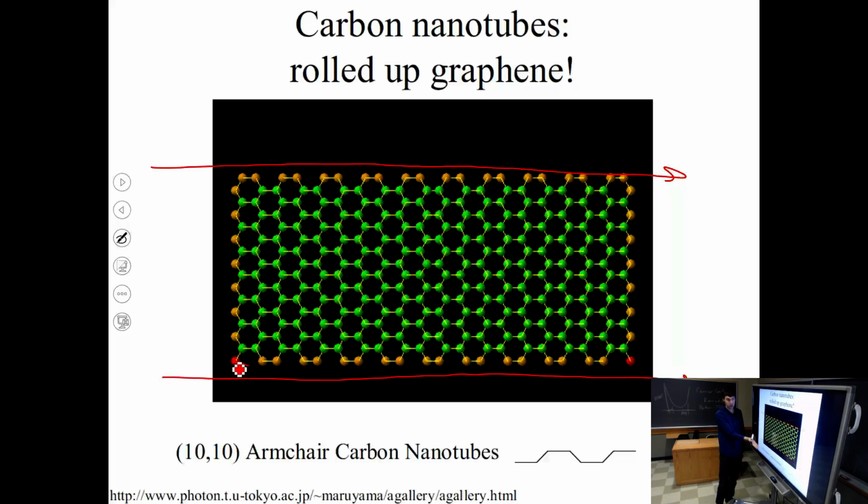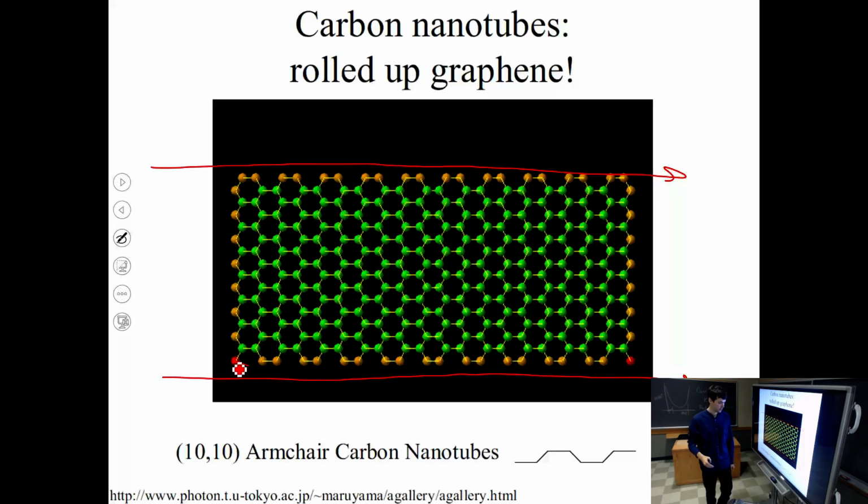And you take the atoms with 2 bonds and connect them with the atoms with missing bonds on the other side. And they become happy. Each of them has 3 bonds, 3 sp2 bonds, and of course 1 p orbital sticking out.